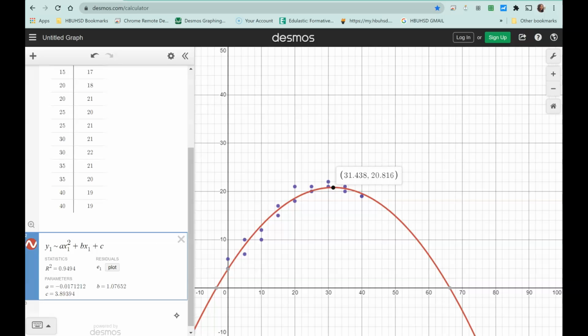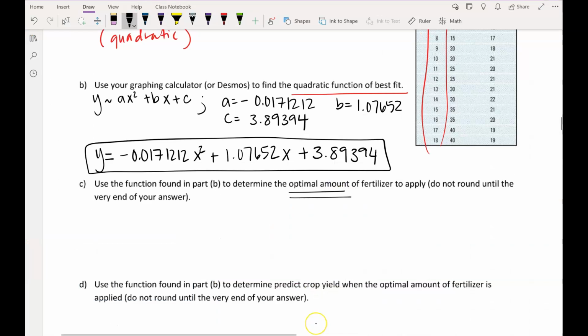So in this particular case, as you can see, x represents the what? Amount of fertilizer used, and y represents crop yields, right, in bushels. So when x is 31.438, okay, y comes out to be 20.816. So that's what we're going to go back and write.